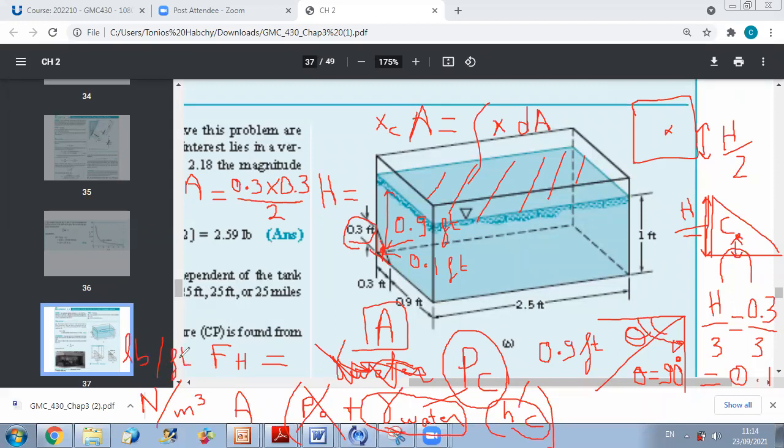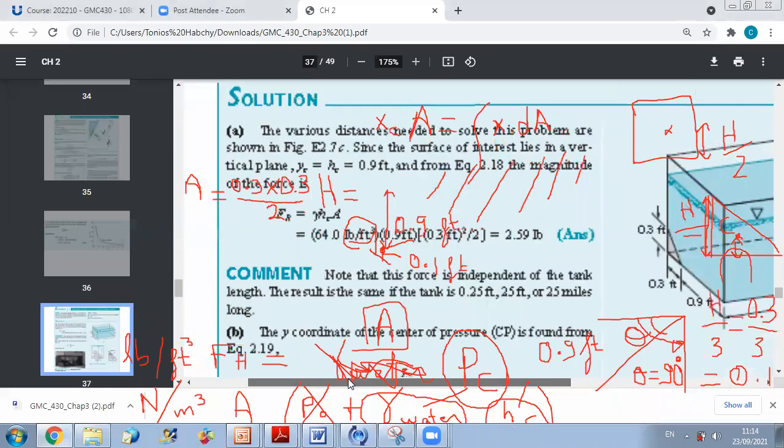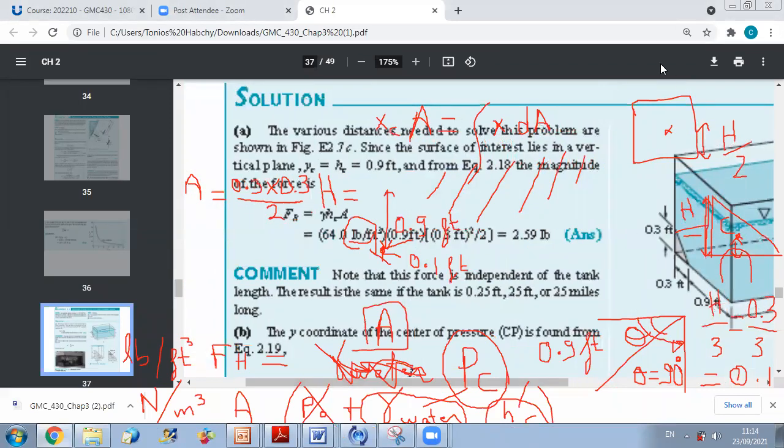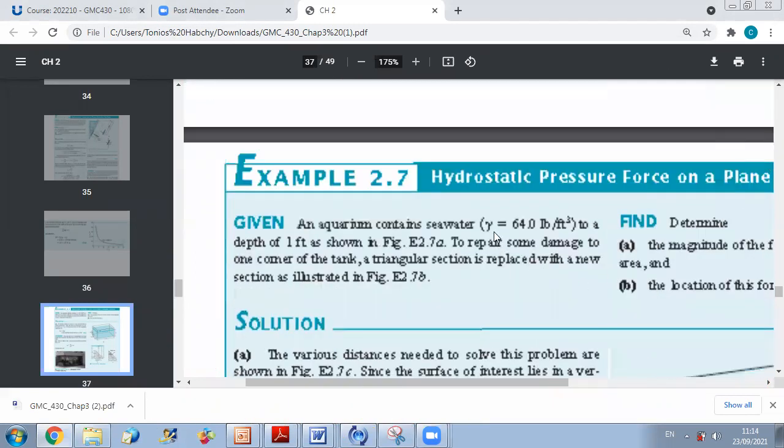Here they directly provided you gamma in the corresponding unit. If we go back to the given, gamma of water is already in lb per feet cube, and all lengths are given in feet, so you don't have to do any conversion here. In case length is given in inch, just convert it to feet and you can proceed.